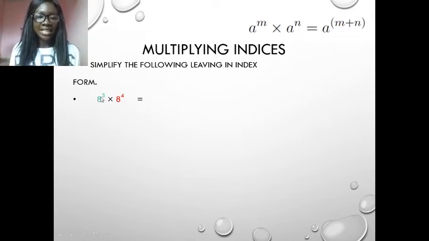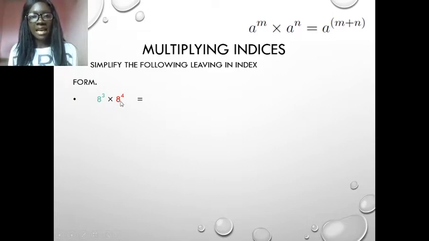Meaning that in this case, we're going to have 3 8s multiplied by 4 8s. Okay? You can observe that the bases are the same. So that's our first rule that I gave you, that the base must be the same whenever you want to multiply or divide indices. So let's see how we can do that.